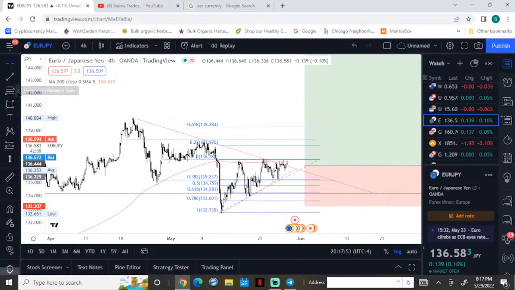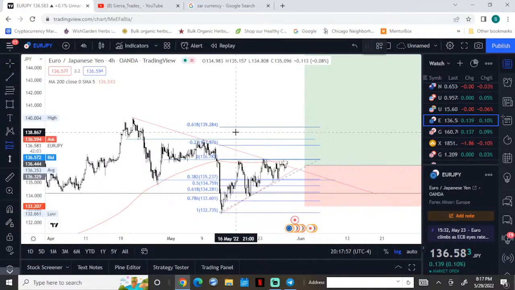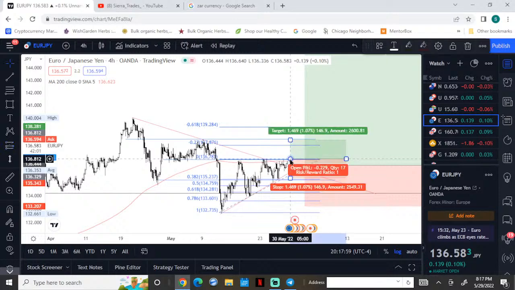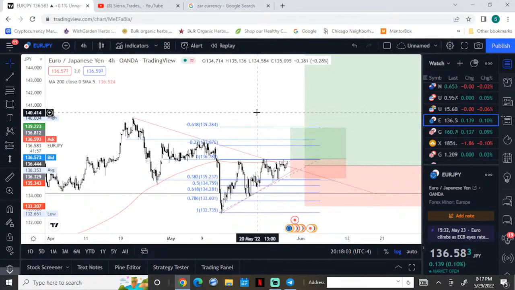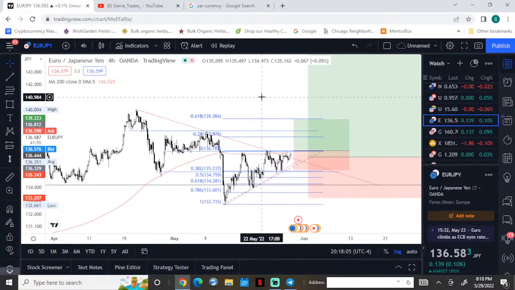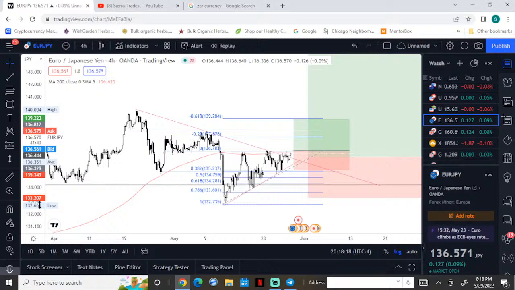And on a smaller scale, this is what I want to catch, which is a nice 1 to 2. 146 pips. Stop loss though, I just can't do. I can't. I won't. Will not.